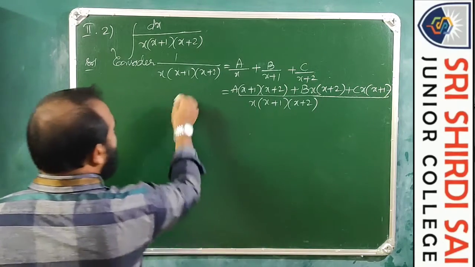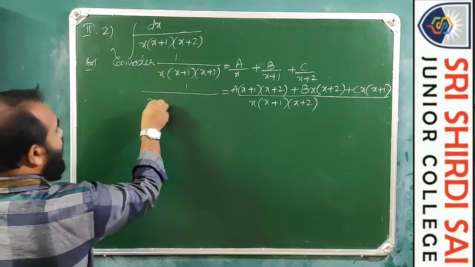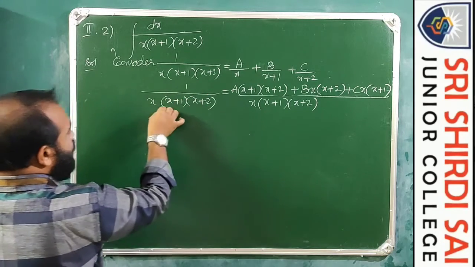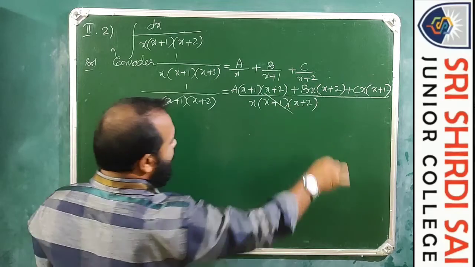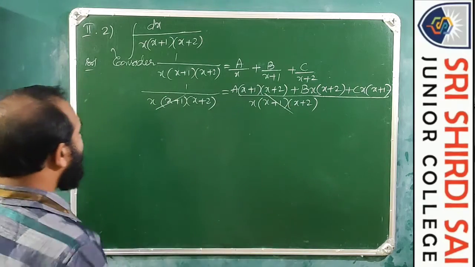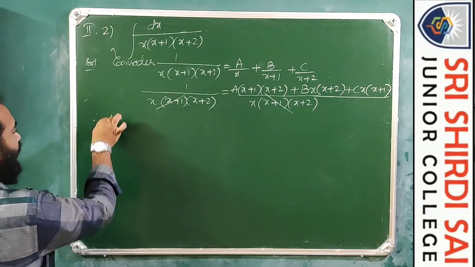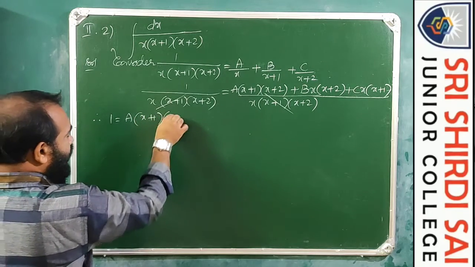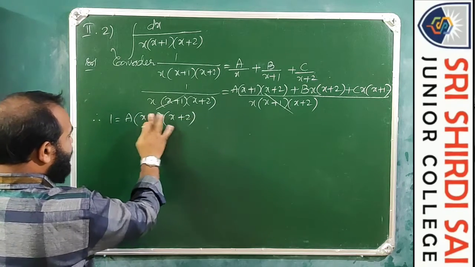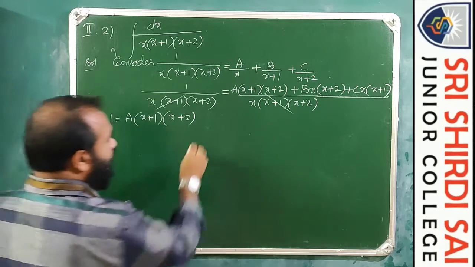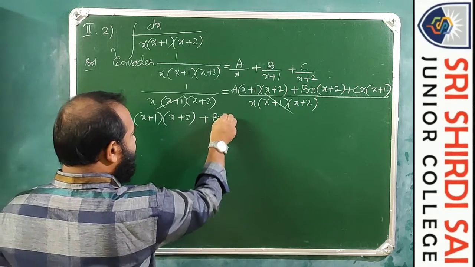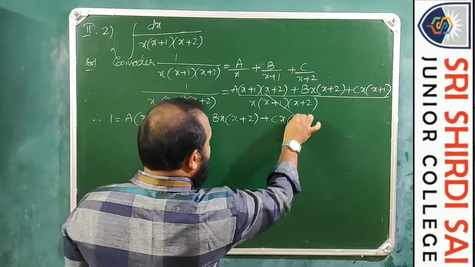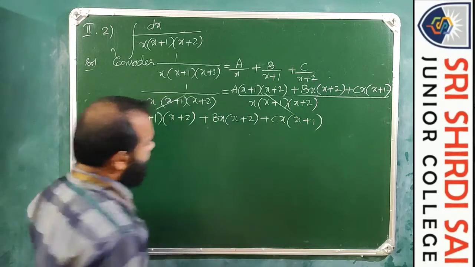This equals 1 by x into x plus 1 into x plus 2. So these denominators on both sides get cancelled. Therefore, we are left with 1 equals A into x plus 1 into x plus 2 plus Bx into x plus 2 plus Cx into x plus 1.